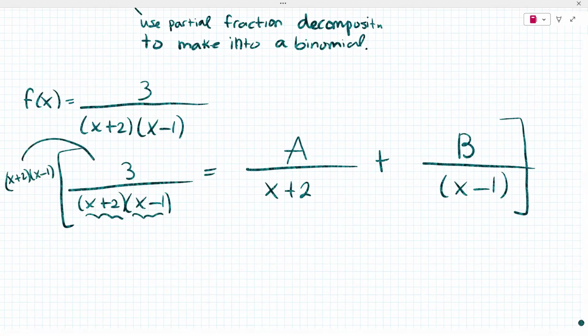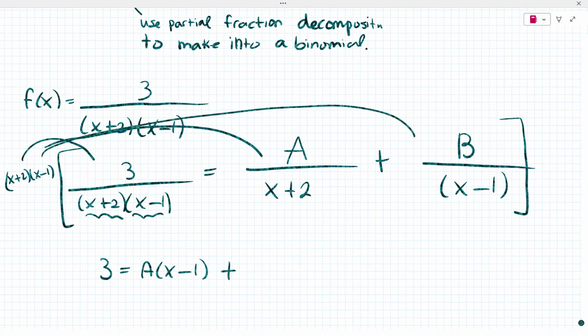So over here, the 3 cancels. Over here, the x plus 2 cancels, so you're left with a times x minus 1. Plus, over here, the x minus 1 cancels, so you're left with b times x plus 2.